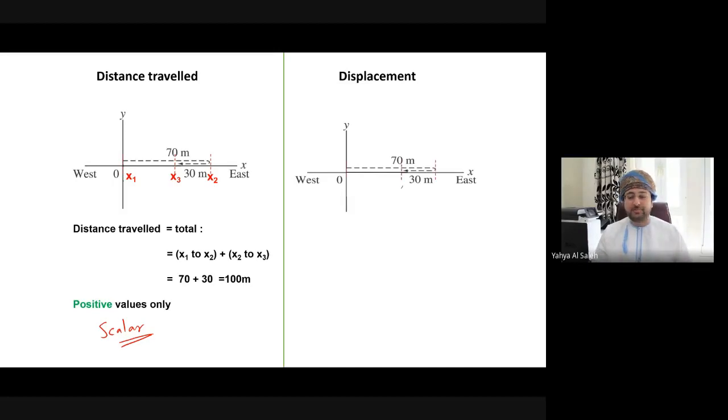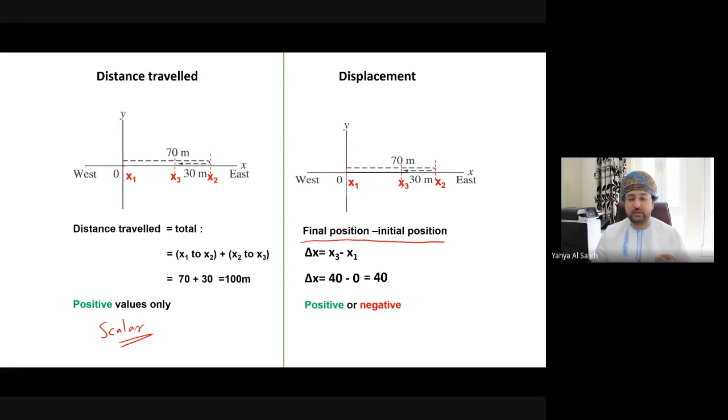On the other hand, displacement is defined as, now this is the formal definition of displacement, final position minus initial position. So my final position is 40 meters, my initial position was 0 meters, so my actual displacement, delta x, is equal to 40 meters.